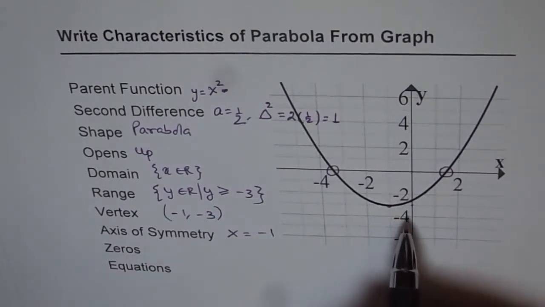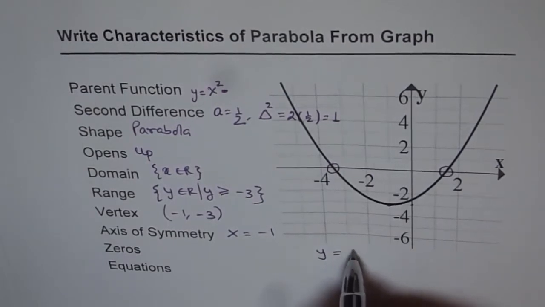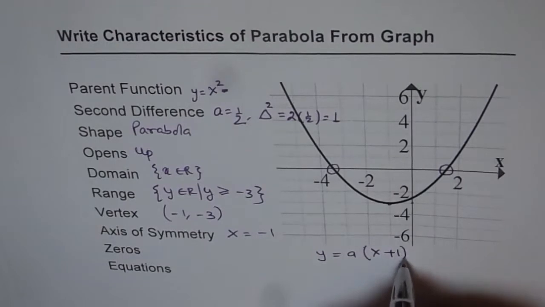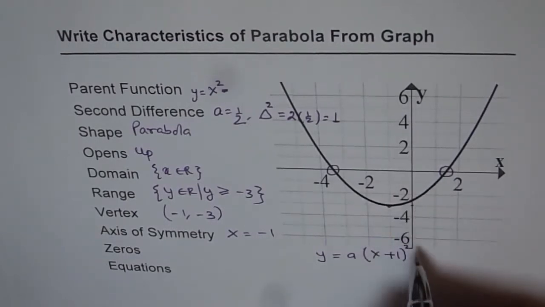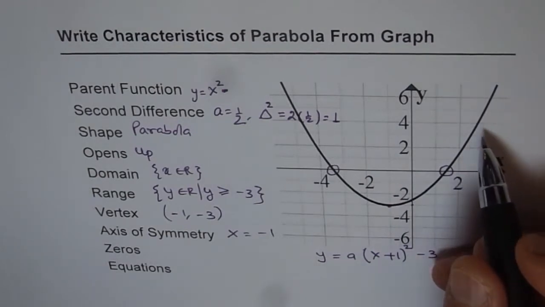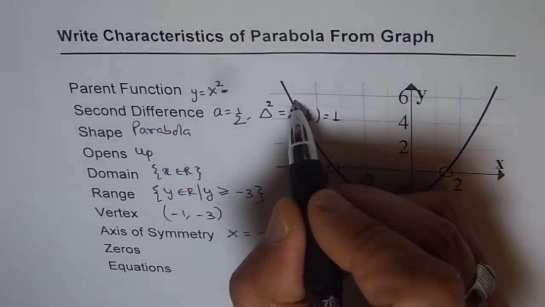Now the vertex is at minus 1, minus 3. So I can write the equation as y equals a times x plus 1 whole square, minus 3.